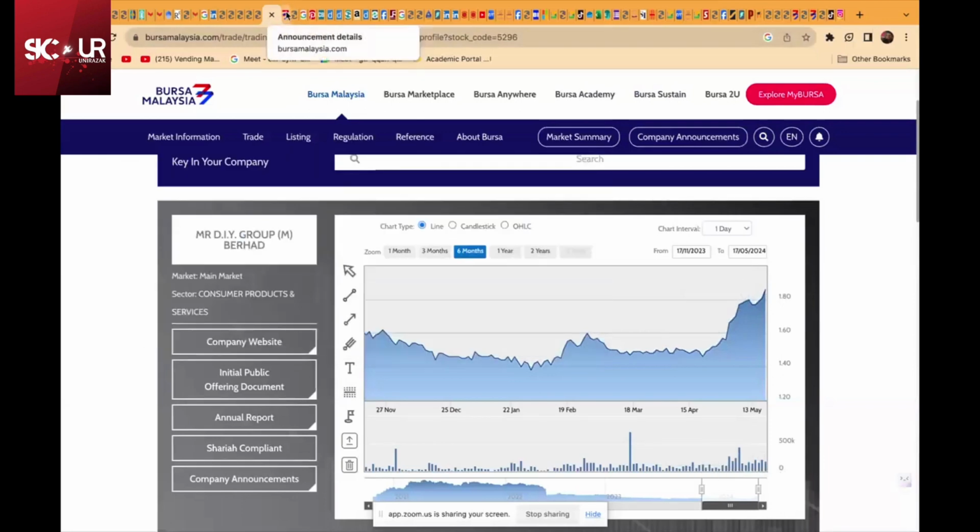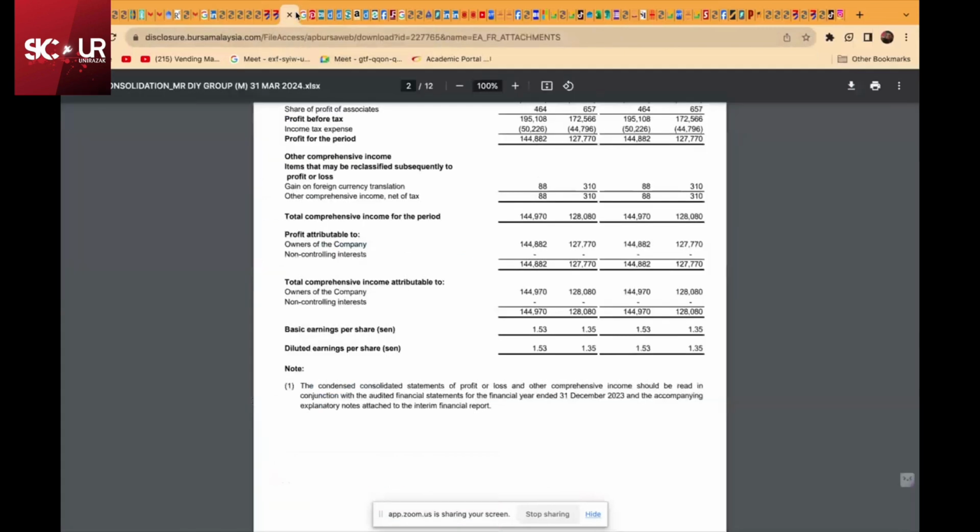Actually, it's not 6. This is in cent. So 1.53 multiplied by 4 is 6.12, which is 0.0612 in ringgit.